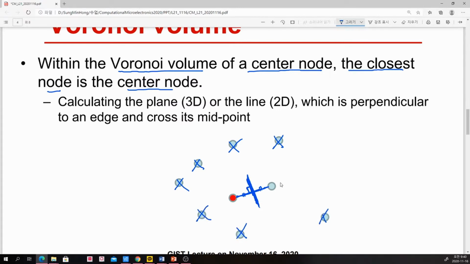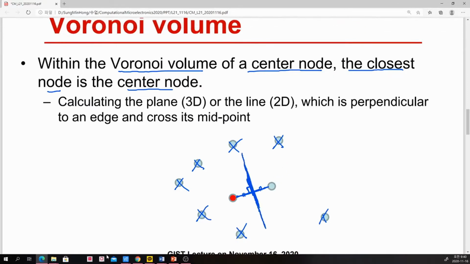In the left of this line, every point is belonging to this one, and on the right side, every point is belonging to this one. So our calculation of Voronoi volume is quite simplified by just calculating the interior of this polygon.